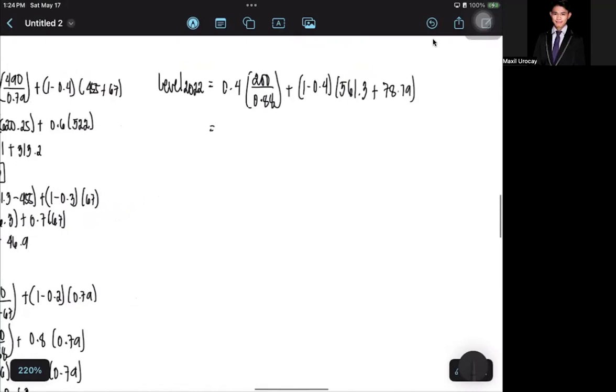So it will become 200 divided by 0.88. It will become 227.27. And then plus 0.6 times 561.3 plus 78.79. That equates to 640.09.